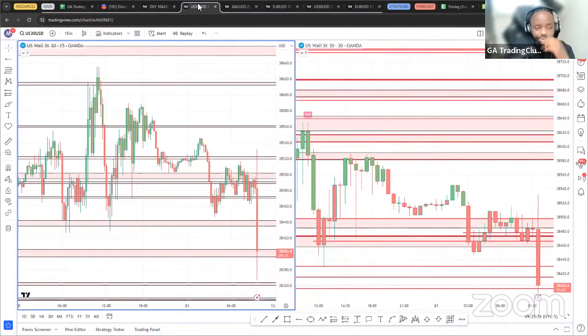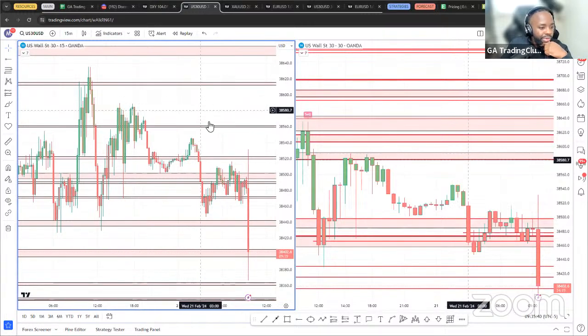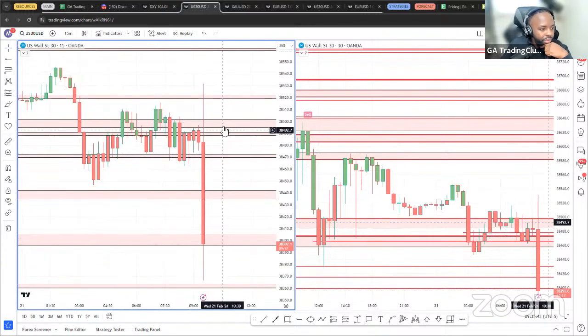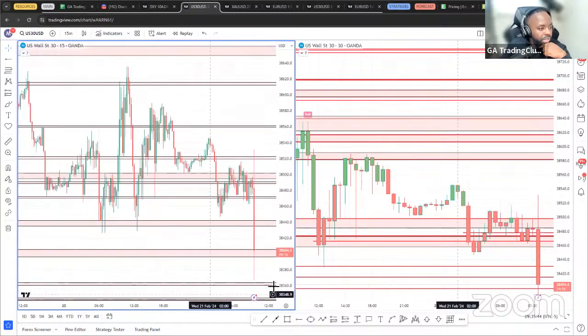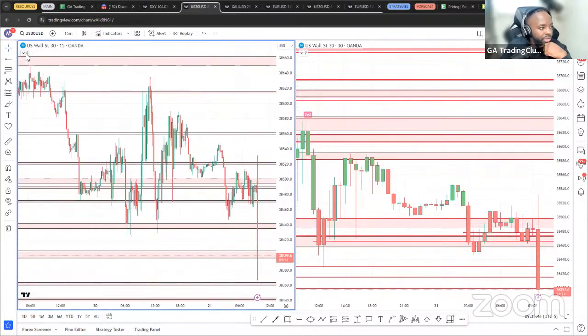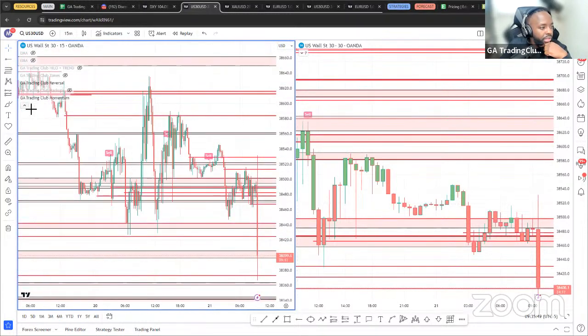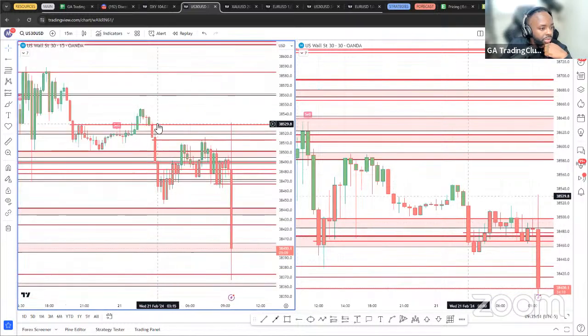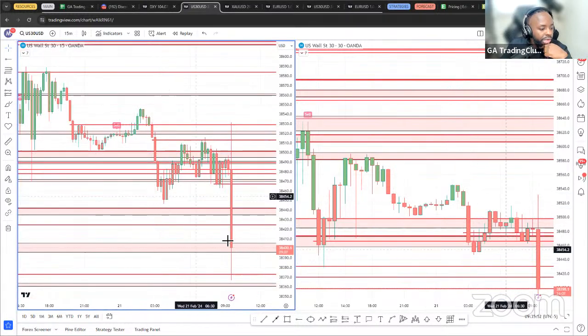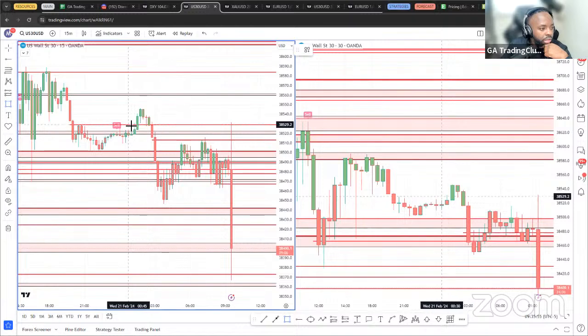Looking at what we have today on US 30 on the 15-minute time frame, we have all this double. Oh, I'd turned off that indicator. Let's see these zones we have. I haven't seen a SAR zone within a SAR zone in a minute.